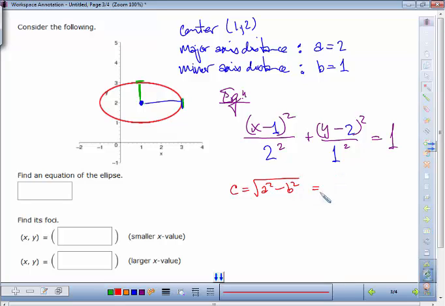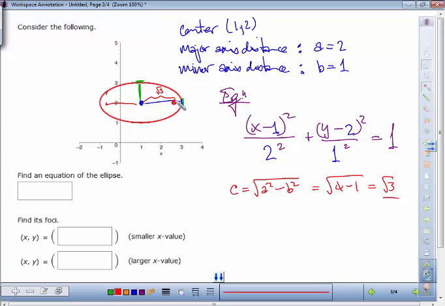So we have 4 minus 1, which is square root of 3. And that c is a distance from the middle to your focus point. And it goes both ways, left and to the right.